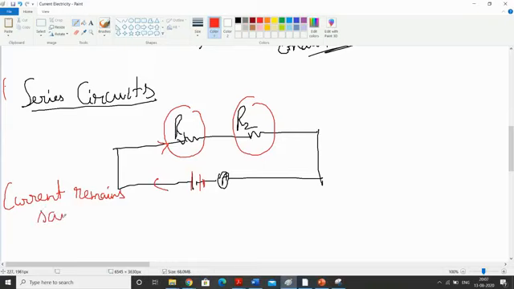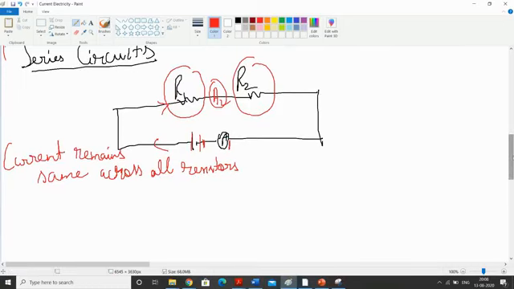It means if you place an ammeter here or here, A1 and A2, both ammeters will show the same current. You can place an ammeter anywhere in the series circuit, and it will show the same value because current is the same across the circuit.